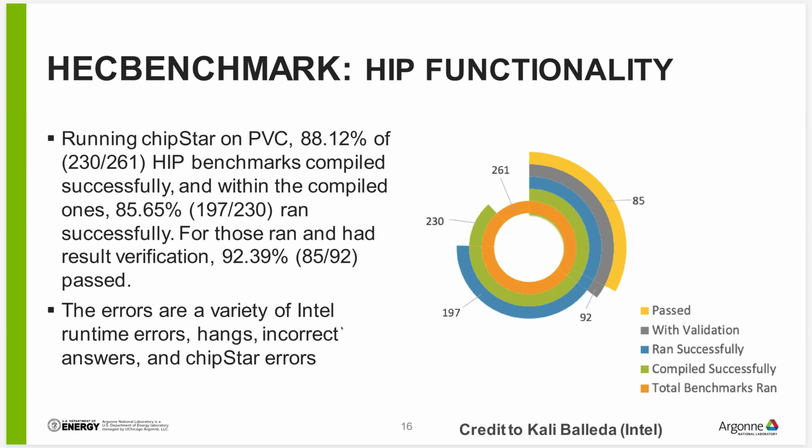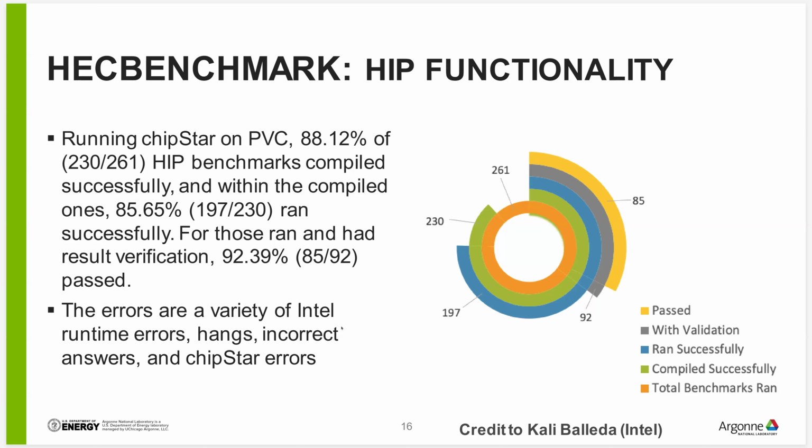So we can compile 90% more or less of these benchmarks, run 85% of those that compiled successfully, and for those that had result verification, more than 90% of these passed.